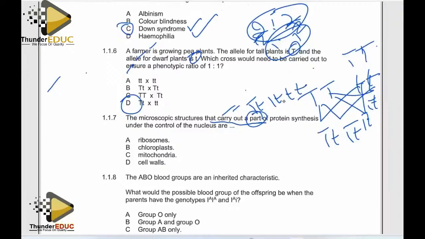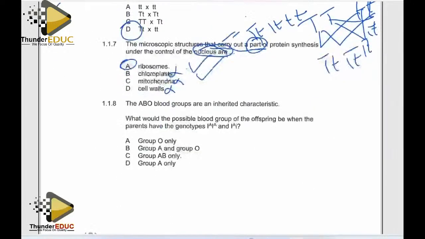This is the key point. It's just a part. So it can't be the cell wall, it can't be mitochondria, because under the nucleus control. These ones have DNA, so they're out because we have the nucleus there. So the answer is the ribosome. As you're getting it right.